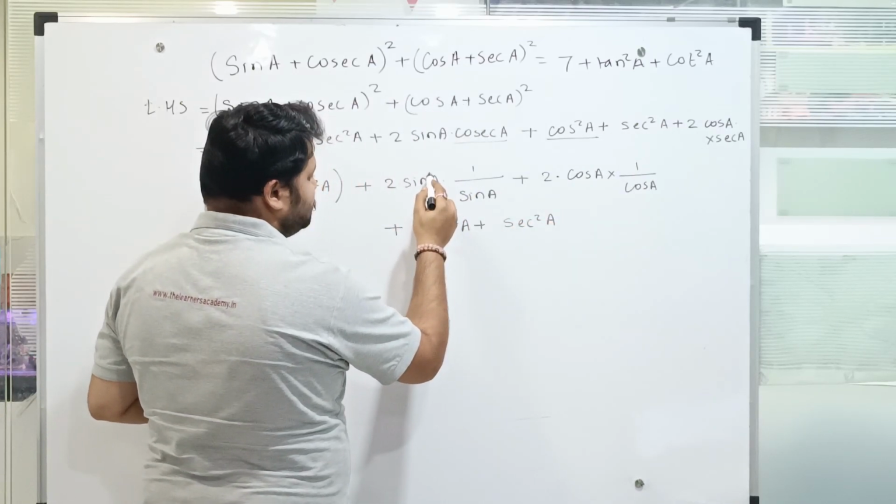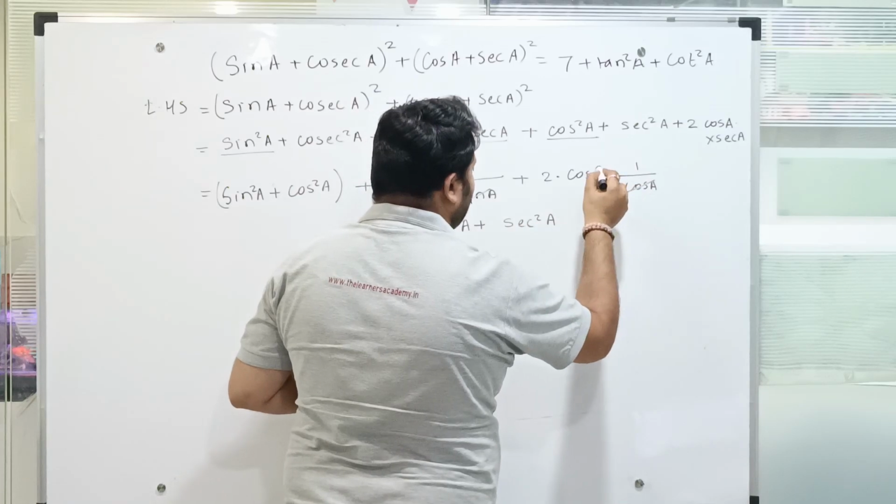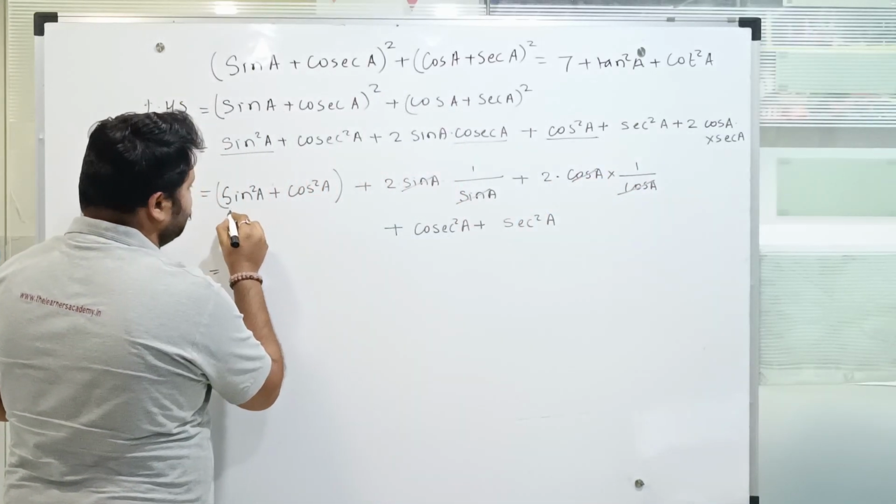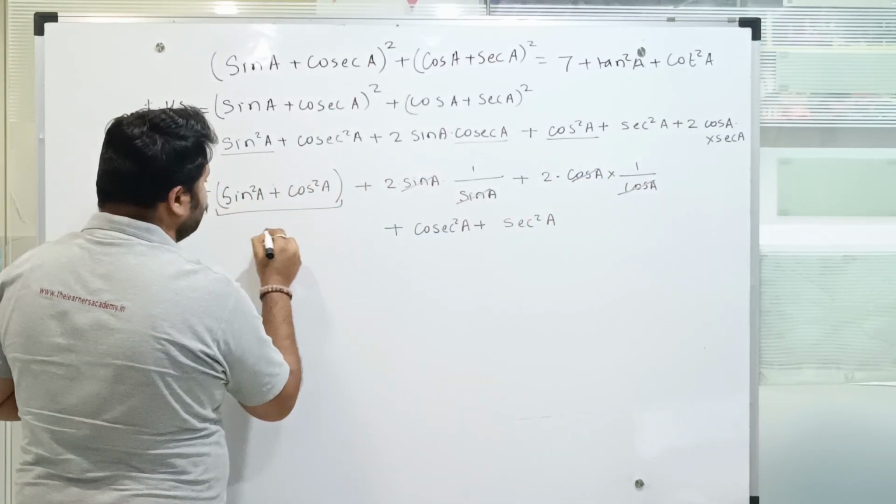Now since these are reciprocals, they'll get cancelled out, and the sin square A plus cos square A will be equal to 1.